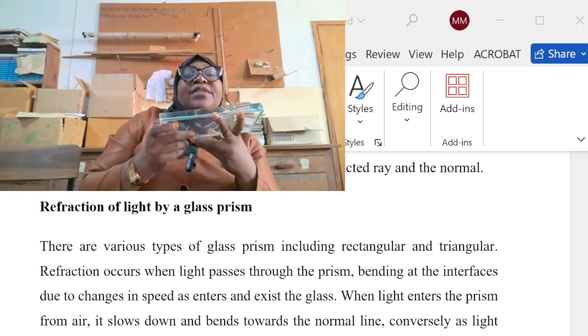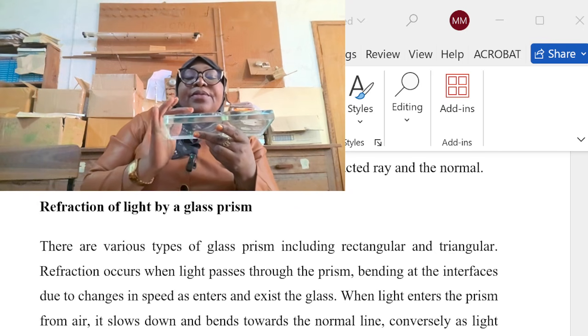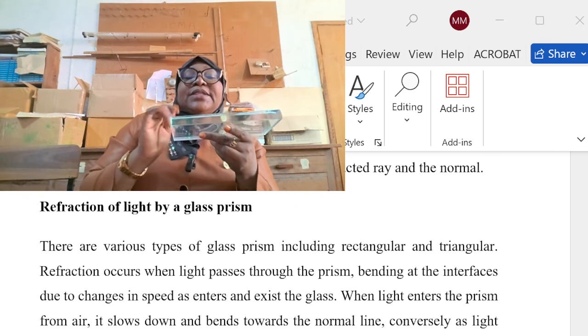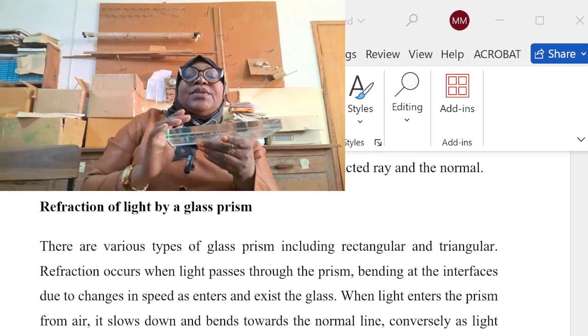The movement of light through the glass, inside the glass, is a straight line. As you know, light always travels in a straight line.